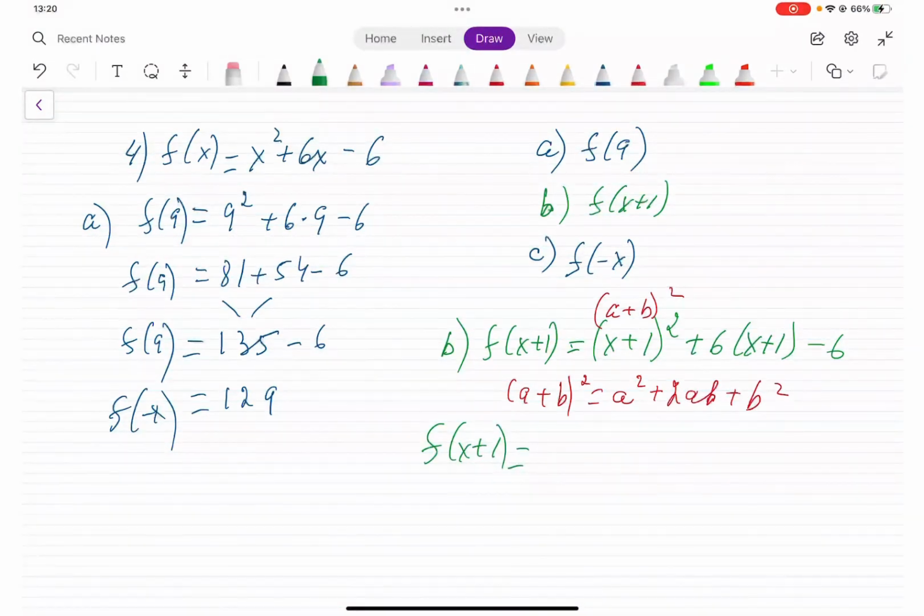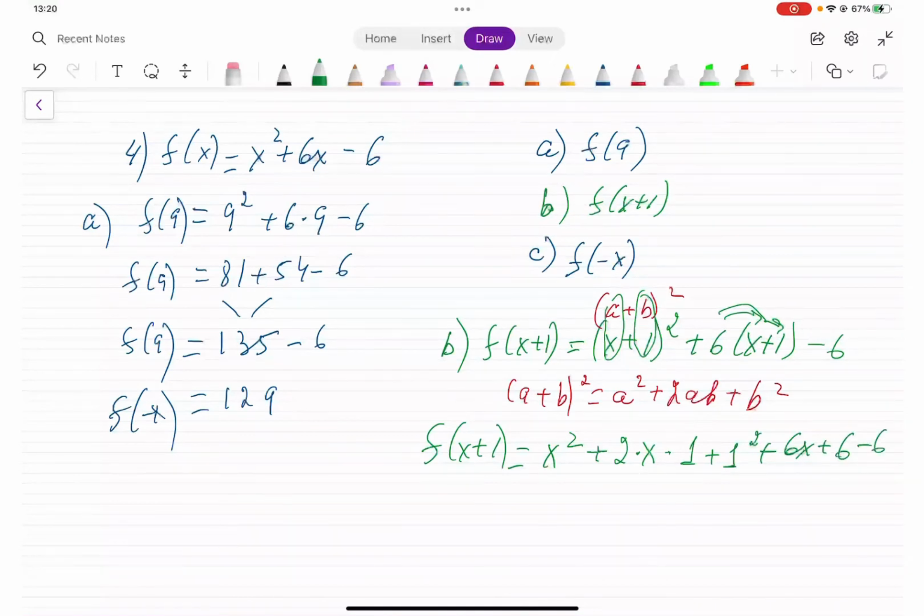So instead of a, we plug x, so it's going to be x squared. Instead of 2ab, it's going to be 2 times x, and b is 1, right? Times 1. And then plus b squared, which is going to be 1 squared, plus 6 times x, 6 times 1, and minus 6.